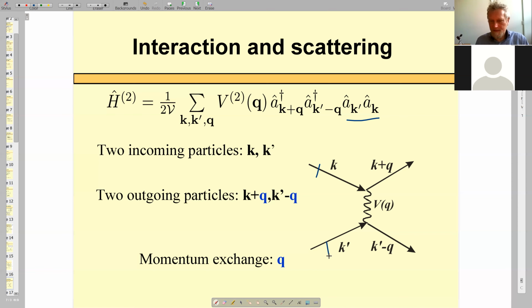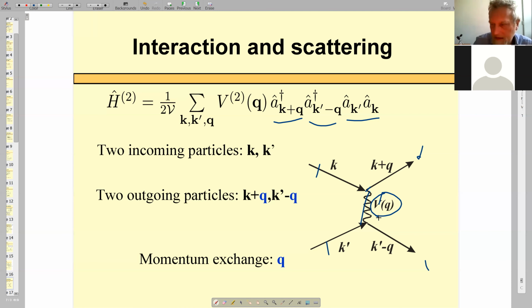What does this term do? It kills these particles, and instead it creates two new particles, which have, again, the same total momentum. Momentum is conserved, but there is a transfer of momentum from one particle to another. There's an amplitude which is given by the Fourier component of the potential. So it can be regarded as a scattering of two particles with momentum exchange q.